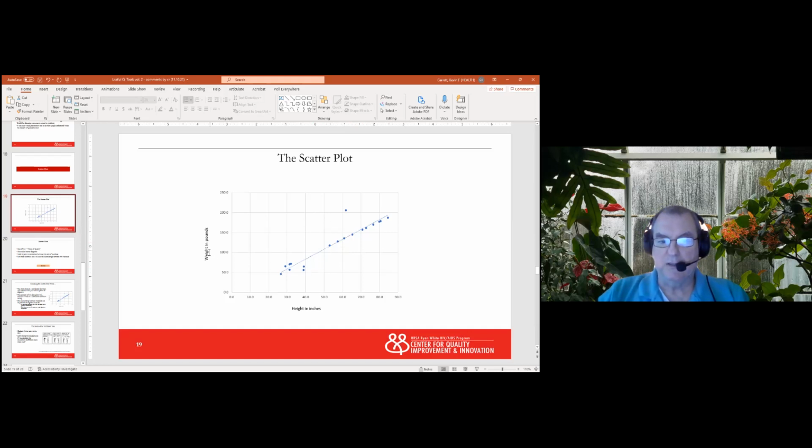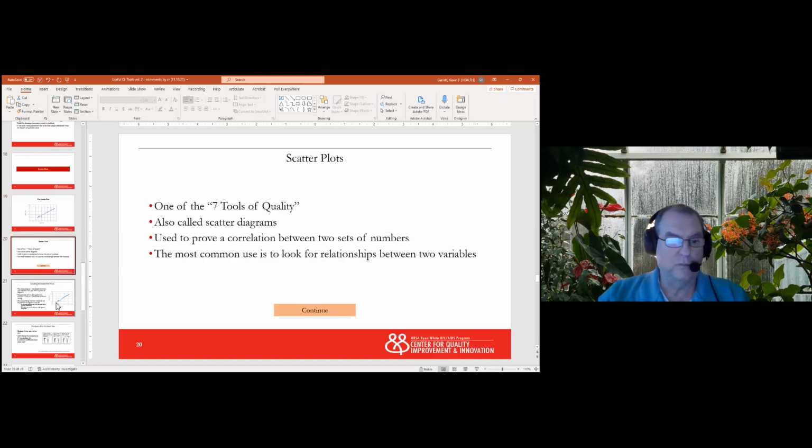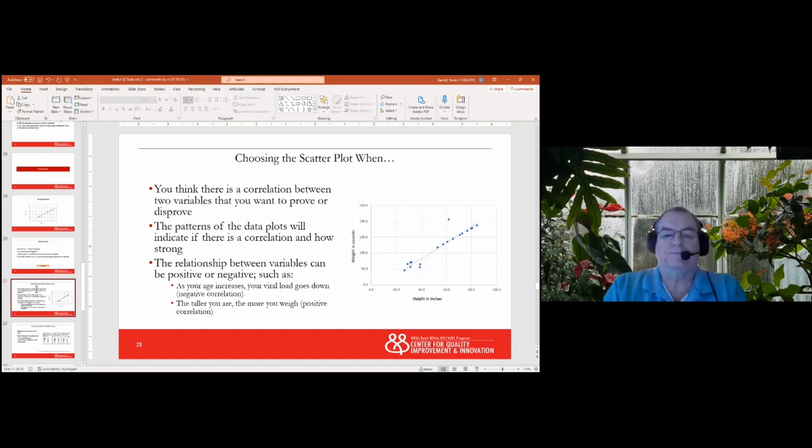What I'm saying is the positive correlation is that the more your height is in inches, the more you probably weigh. So you use this if you want to see a correlation, if you want to prove a correlation. Sometimes there will be, sometimes there may not be.